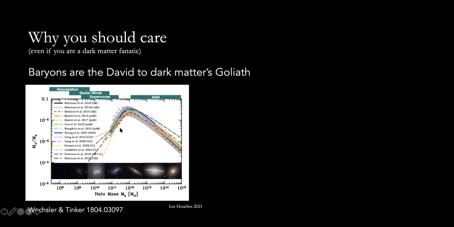For large halo scales, we have a very good understanding of how galaxies and halos, this is the stellar mass of the galaxy over the halo mass, we have a very good understanding, both observationally and in simulations, of how galaxies inhabit halos. But on these small scales, which is usually what's of interest if you are someone who thinks a lot about warm dark matter or self-interacting dark matter or fuzzy dark matter, the relationship between dark matter halos and their galaxies is not well understood.